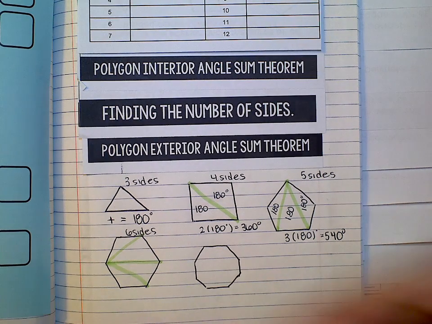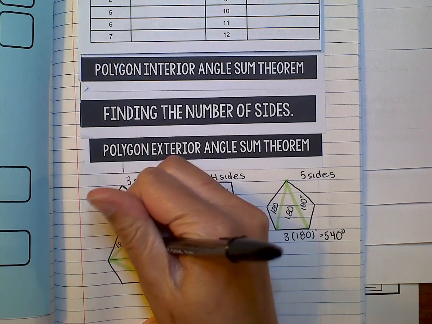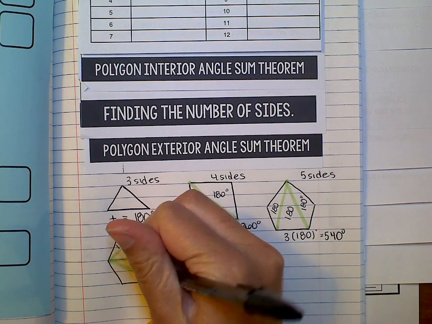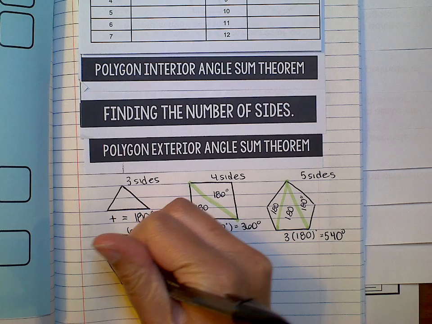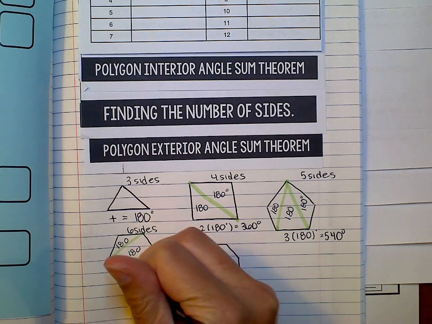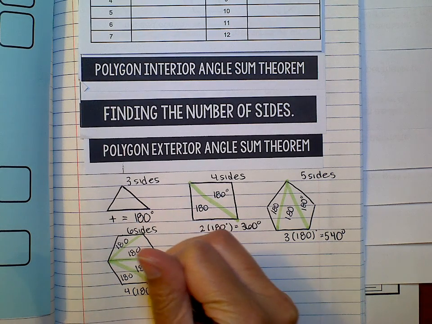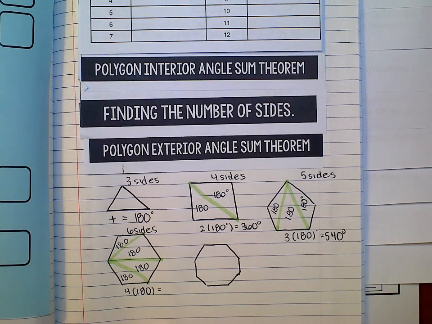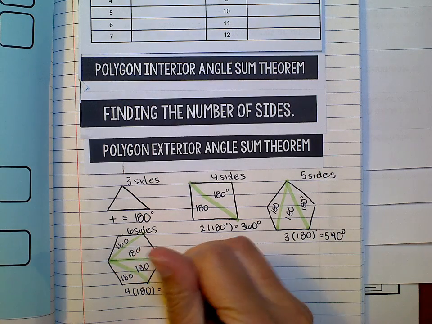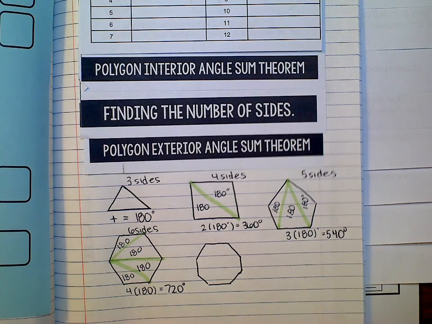I end up with four triangles, so 180 here, 180 here, 180 here, and 180 there. So I end up with four 180s for a total of, big numbers now, 720 total degrees in a hexagon.